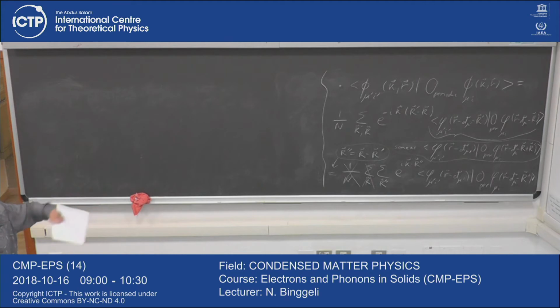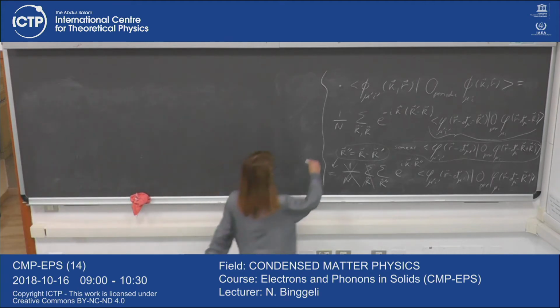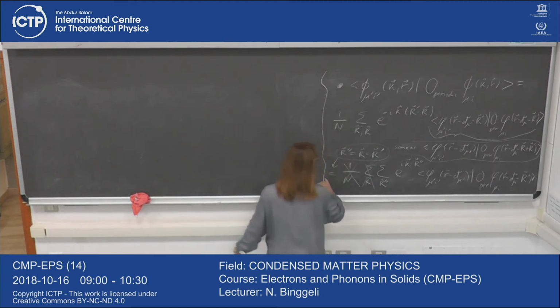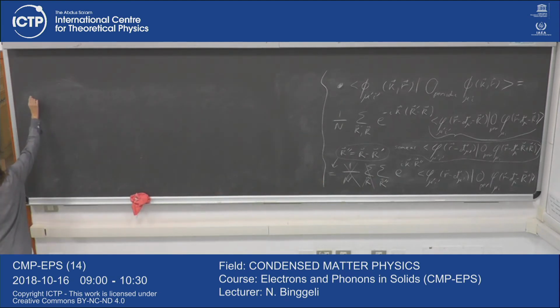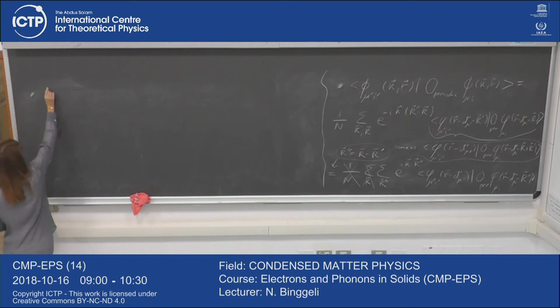So this is what this matrix element gives, and now I'm going to use it both for the overlap and for the matrix element of the Hamiltonian.